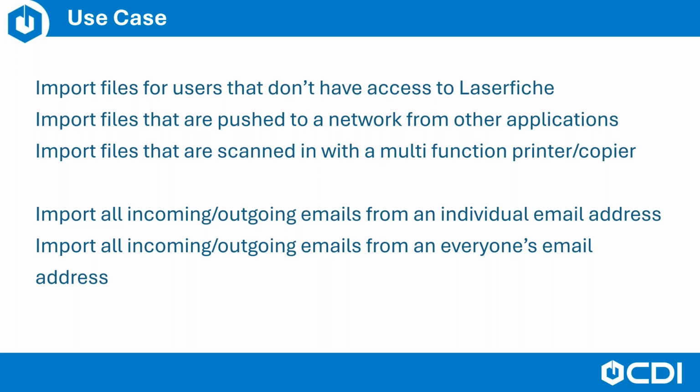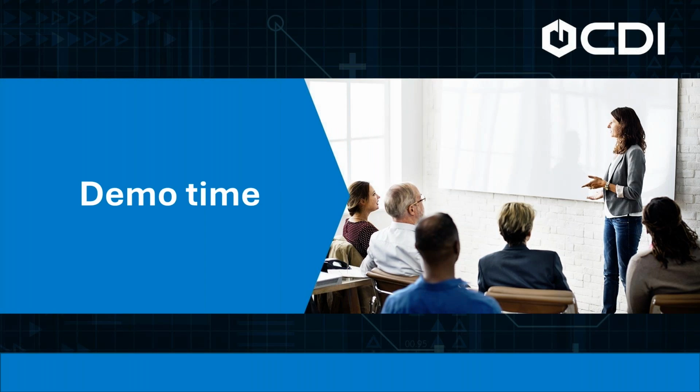Some organizations maybe have an accounts receivable email address that all of their vendors send invoices to, as attachments to an email. Import Agent can receive that email, pull it in, and then you can build a workflow process that extracts that attachment out and then maybe routes it via Laserfiche Forms for routing and approval from there, or just archives it in the system. So lots of different use cases for importing files into the system.